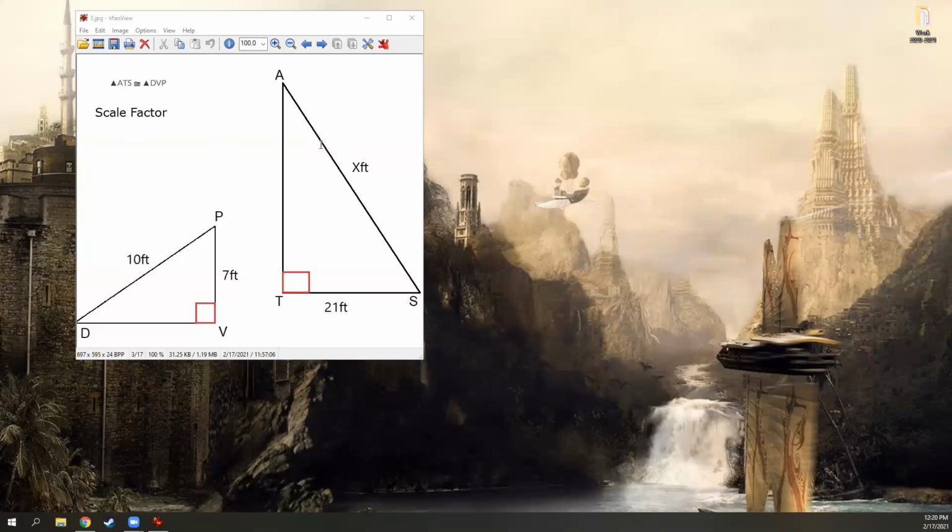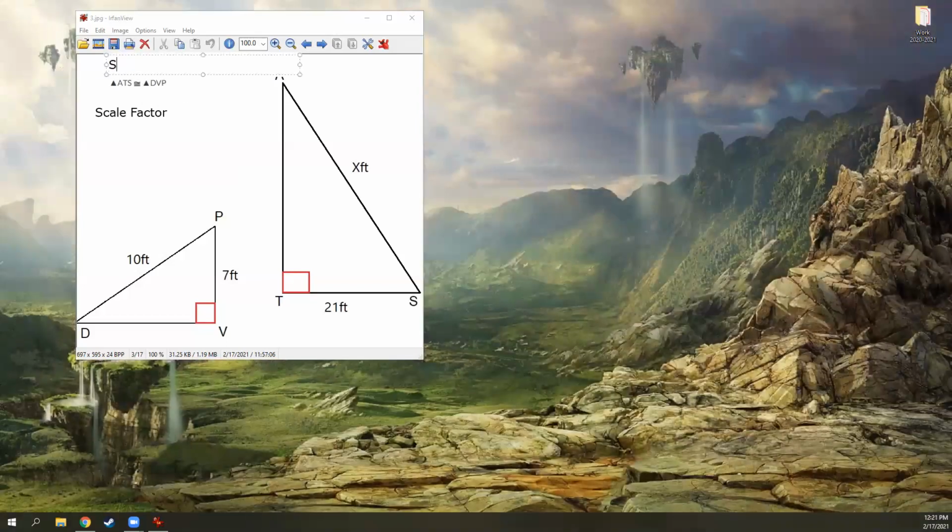And you can use that to solve for missing sides. So the way these questions work is, number one, they give you the similarity statement, like we have right here. They just give us our similarity statement.